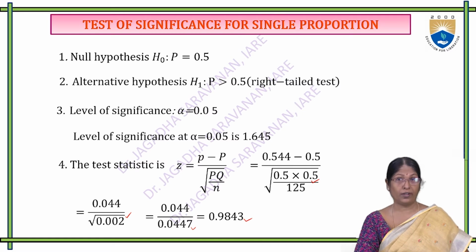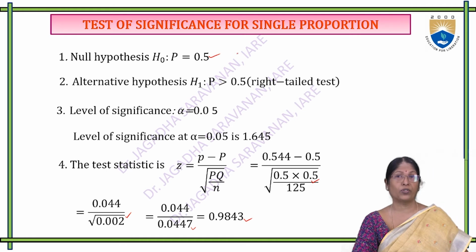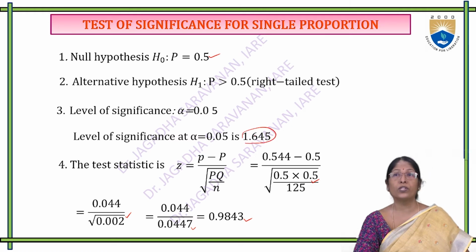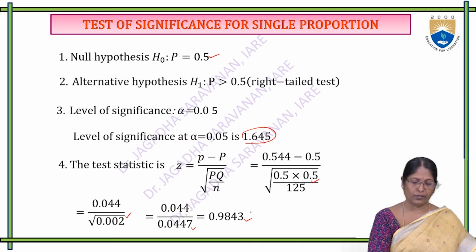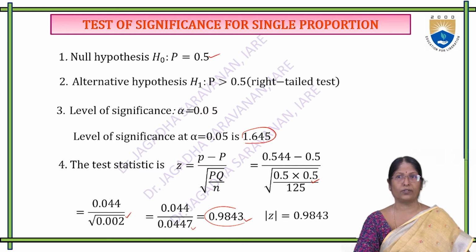Here itself we can declare whether we accept or reject the null hypothesis H naught colon P equal to 0.5. Here the tabulated value is 1.645, which is more than our calculated value, so we can accept our null hypothesis.